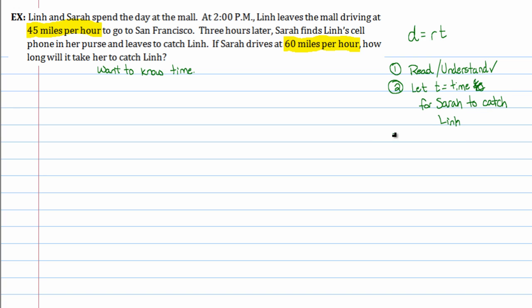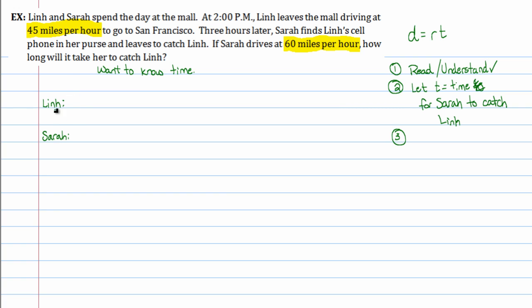And the third thing I'm going to do is write a couple expressions involving this variable time, t for time, and maybe their rates and stuff like that. And this is how I generally do it. I'll write one for Lynn, and I'll write one for Sarah. And you probably have noticed earlier that I did this as well.